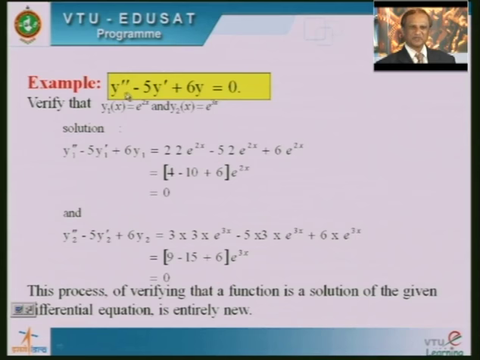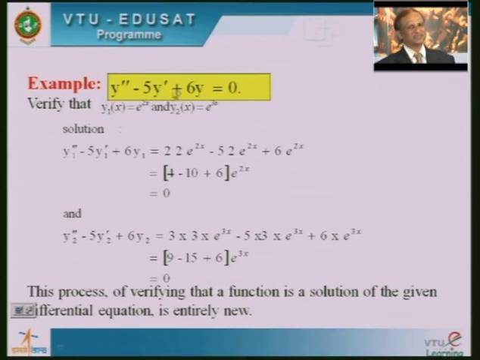Is it clear? And immediately you can ask, what is the degree of this differential equation? It is a first degree differential equation, because the degree of the highest order derivative is 1. That is why we can say that this is a first degree, second order differential equation.